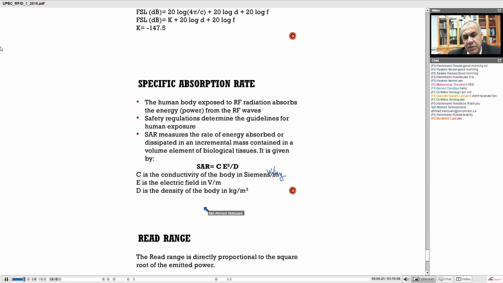It could be animal or human, but it's an organic body. So this is the formula: specific absorption rate equals the conductivity multiplied by the square of the electric field divided by the density of the body. Very important. The unit is watt per kilogram.